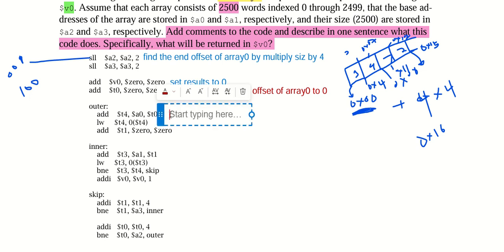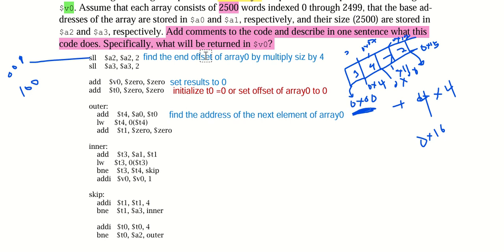So this is more like finding an address, an address of the next element. Remember, here the first element was located at 0x00. When you add 4, it was the beginning of the next element. So we can just make a quick comment. Find the address of the next element of array 0.